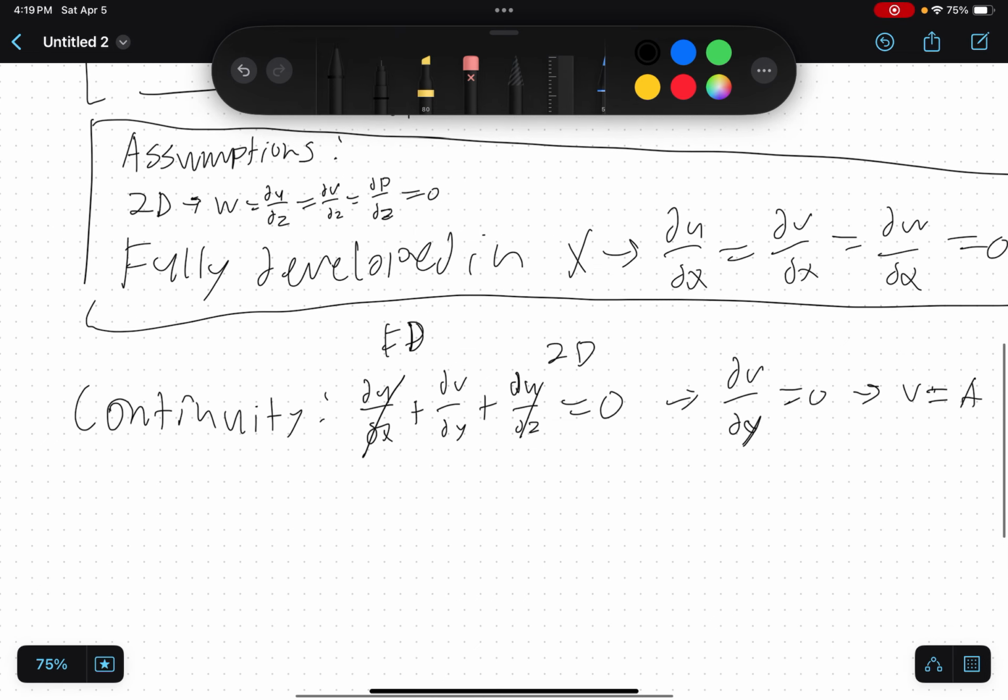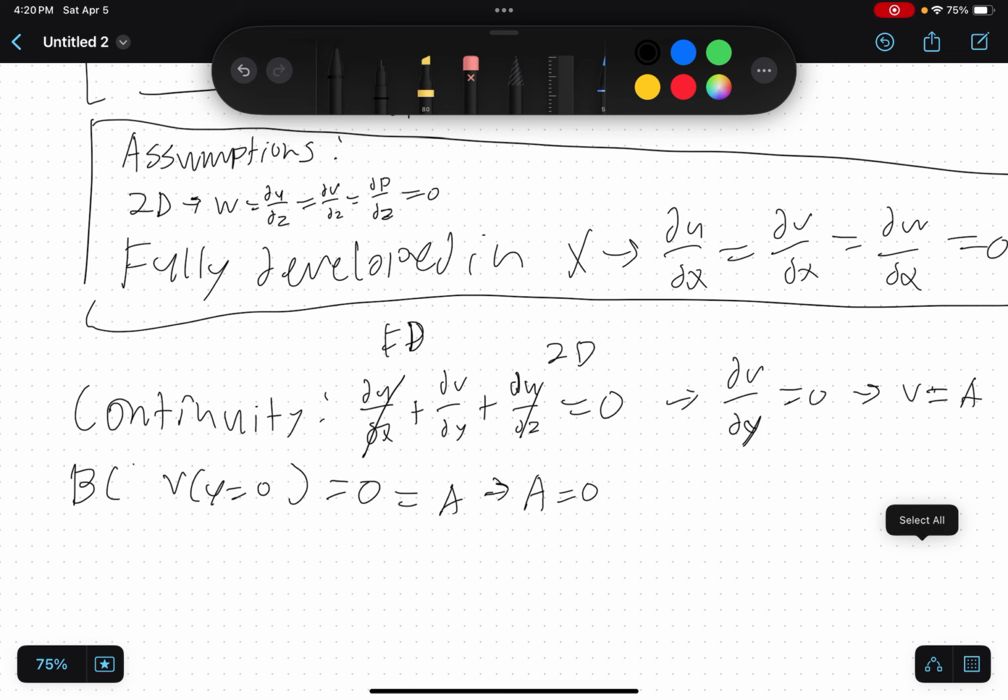Plug in whichever one of those we want. V at y equals 0 is 0, which equals A. A equals 0. V equals 0.